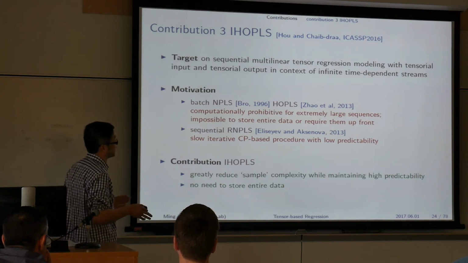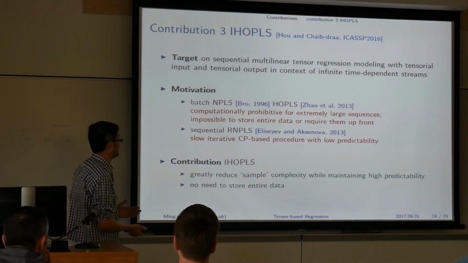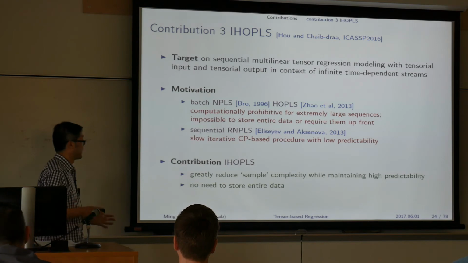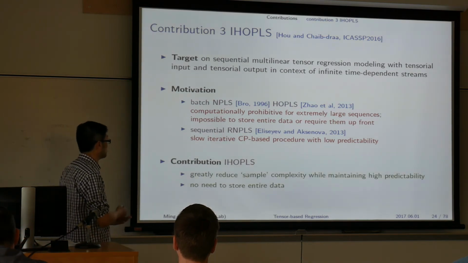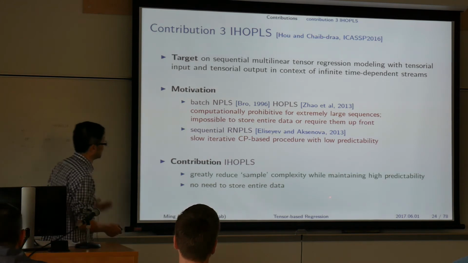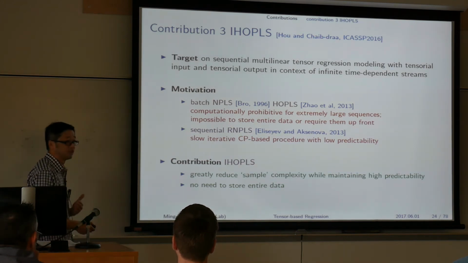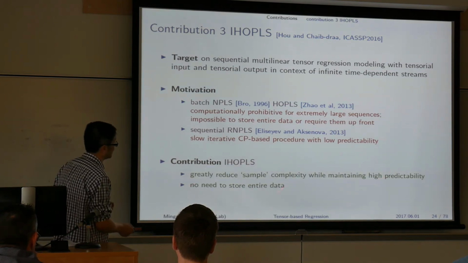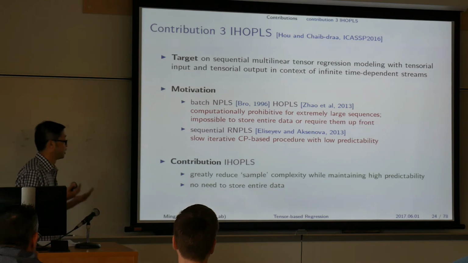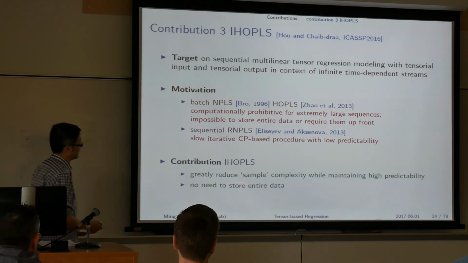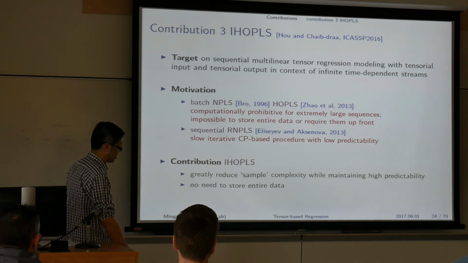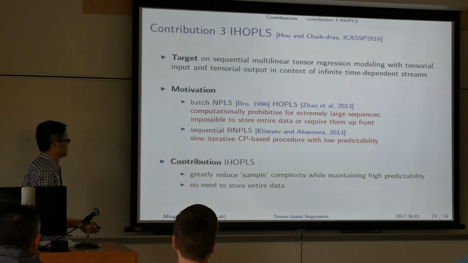Specifically, it recursively updates the projection matrix and cotensors over time by incrementally clustering the projected latent matrix in a latent space and by summarizing the previous data using only a few parameters. In this way, it can greatly reduce the sample complexity while remaining highly accurate. And also, there's no need to store all the data. We only need to store a few factors.